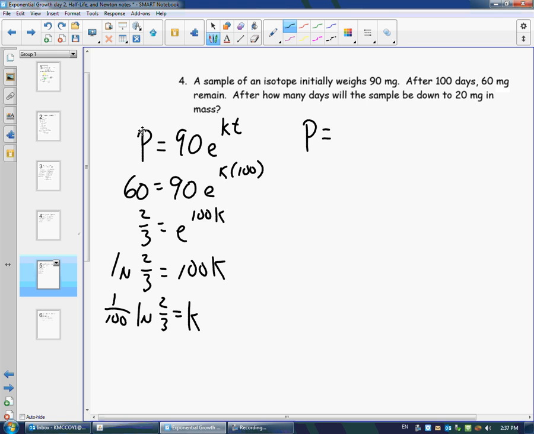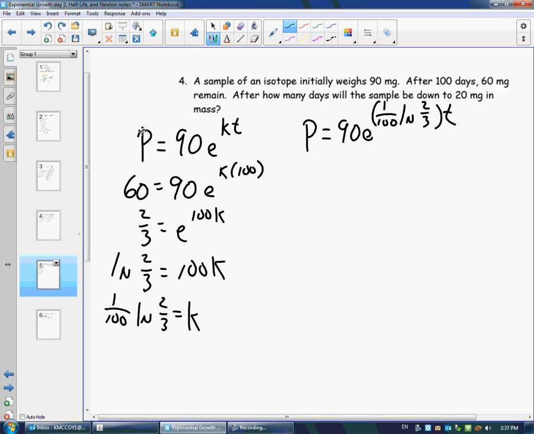So our population equation here is 90 e to the 1 over 100 ln of 2/3 times t. After how many days will the sample be down to 20?